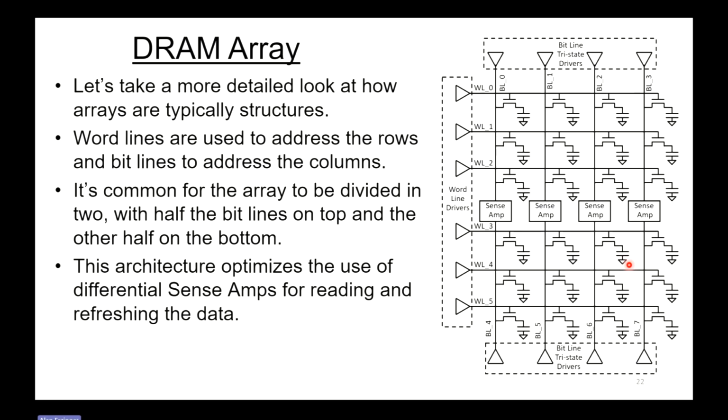It's common for a DRAM array to be divided into two halves, with half the bit lines on top and half the bit lines on bottom. And you can see each sense amp looks at one bit line on top and one bit line on bottom. This architecture optimizes the use of a differential sense amp for reading and refreshing the data. And I'm going to try to explain how that works.